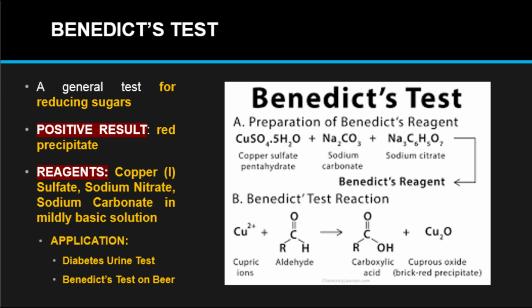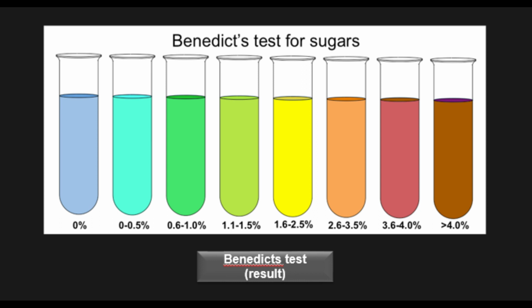The diabetes urine test is a simple and effective method of ascertaining the presence or amount of glucose in the urine. For Benedict's test on beer, since beer contains degradation products such as aldehydes and ketones, it is tested with Benedict's. In this picture, as you can see, it contains numbers.